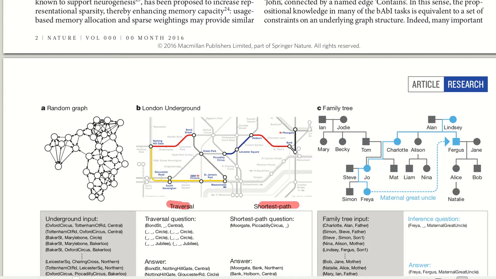One of such graphs is the London Underground map. And for each pair of stations, they give the edge. So the edge will be the line, which line you could use, or the line number, or the line name that you could use to go from one station to the other. And this should be adjacent vertices. And so forth, they define all these different nodes.